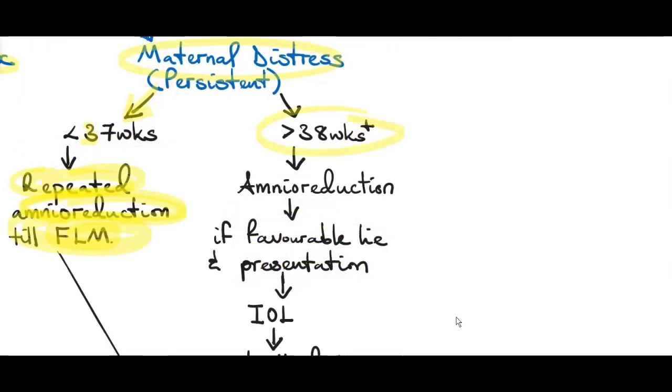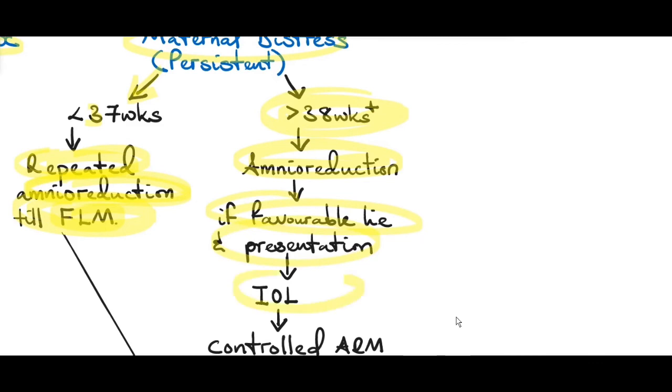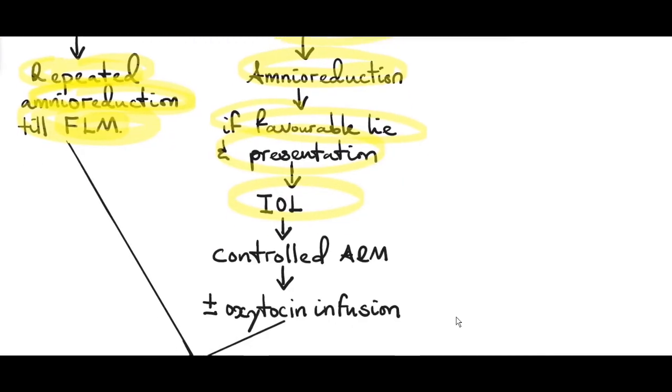However, if the pregnancy is at 38 weeks gestation age, it's at term. You can do amnioreduction if the polyhydramnios is too much. And if there's a favorable lie and presentation, you can proceed to induction of labor with controlled artificial rupture of membranes. You have to control the rupture of membranes.